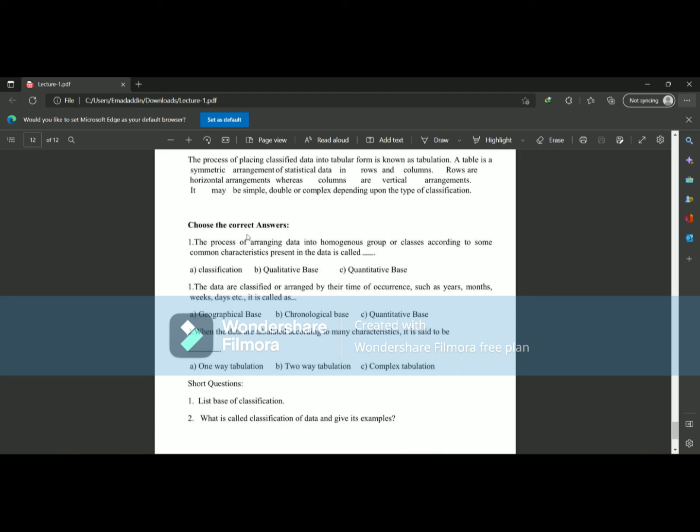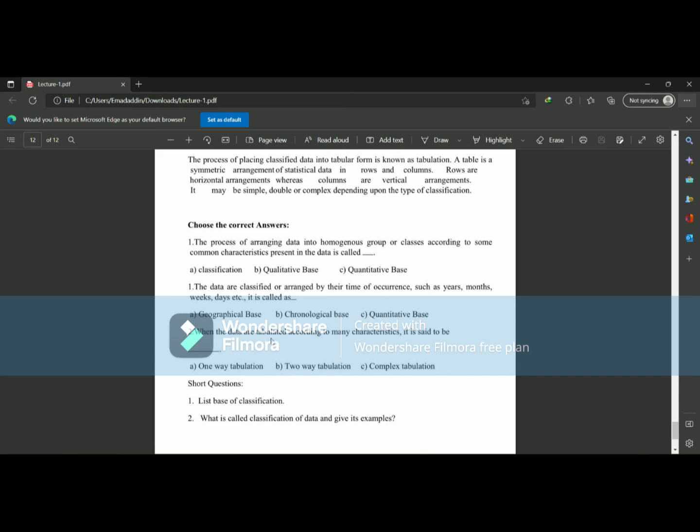Choose the correct answer. The process of arranging data into a homogeneous group or class according to some common characteristic present in the data is called classification. The data classified or arranged by their time, such as years, months, is chronological.